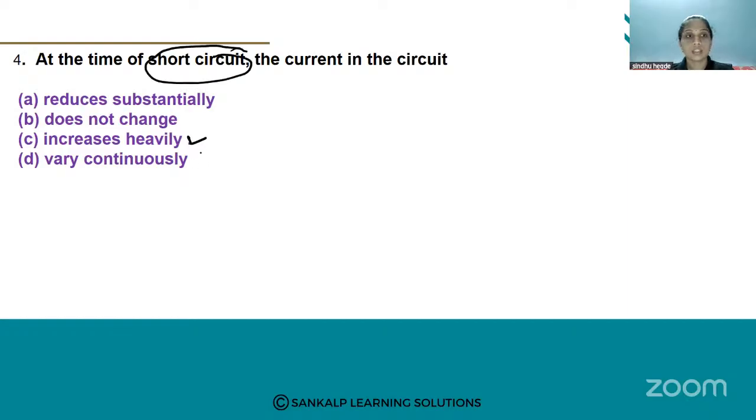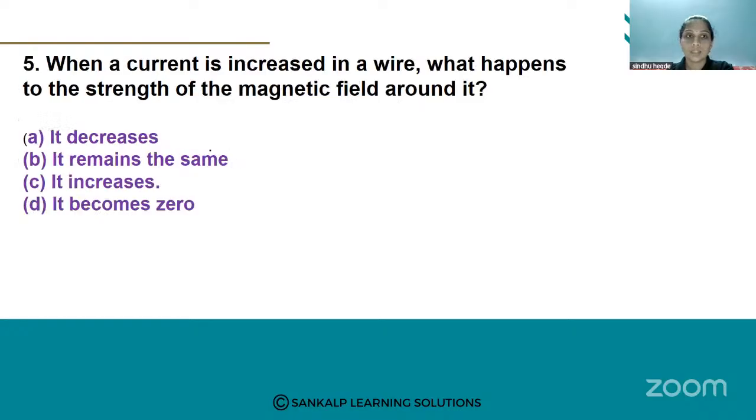So here C option is correct. Increases heavily. It is not reduces subsequently, does not change is also wrong, and varies continuously is also wrong. At the time of a short circuit, the current in the circuit increases heavily. This option is correct.